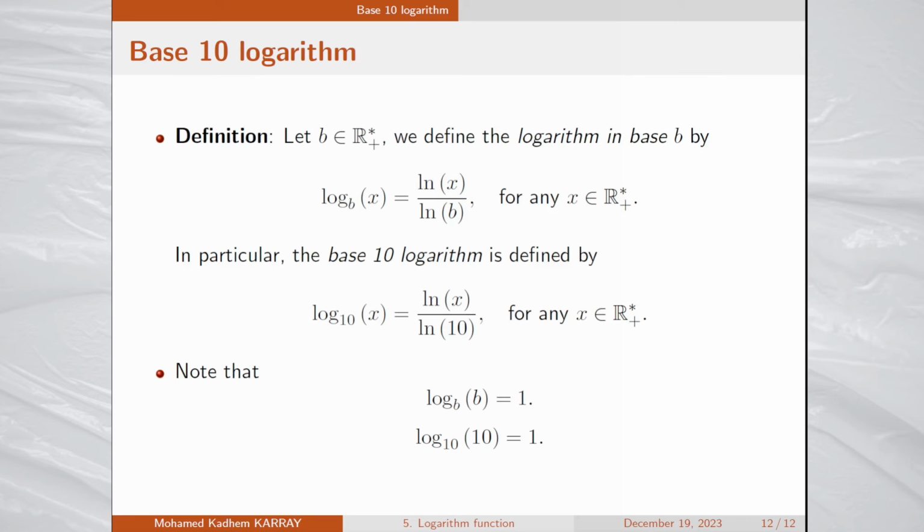In particular, the base 10 logarithm is defined as the natural logarithm of x divided by the natural logarithm of 10. Finally, observe that the logarithm in base b of b equals 1. This follows from this formula here. And in particular, the logarithm in base 10 of 10 equals 1.